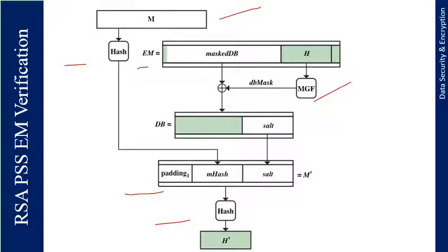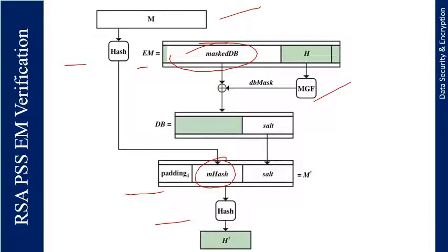The algorithm starts with the generation of the hash value of the message M, to generate the hash value of that received message. The next step is to generate the mask: let maskedDB be the leftmost EM length minus H length octets of EM, and let H be the next H length octets.